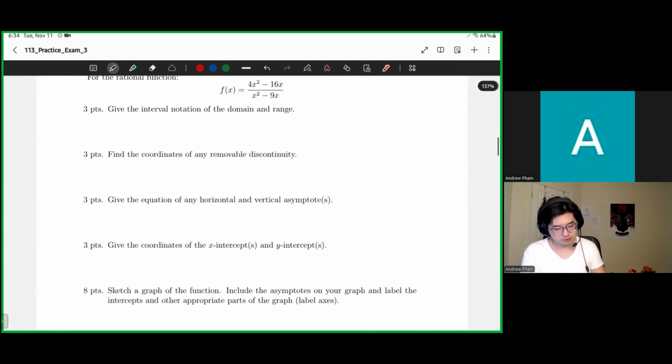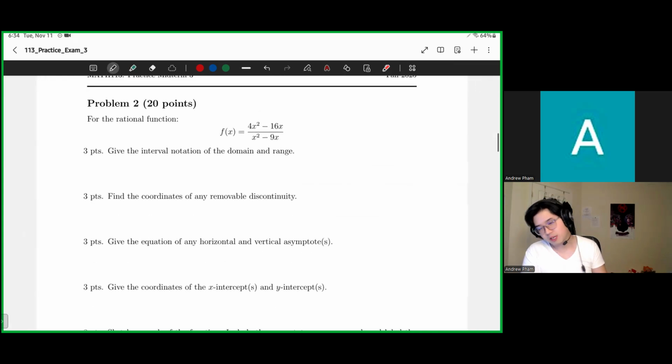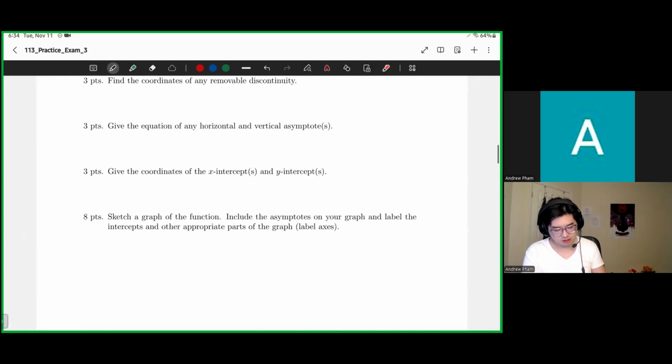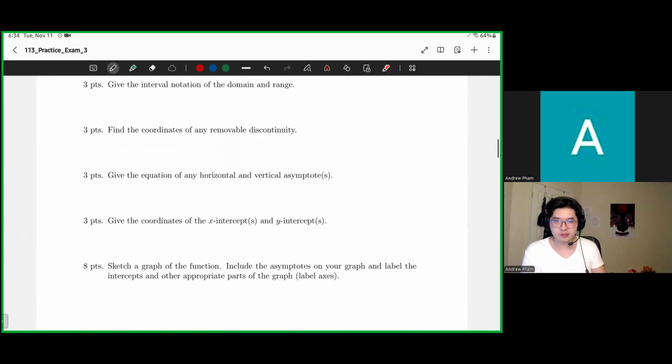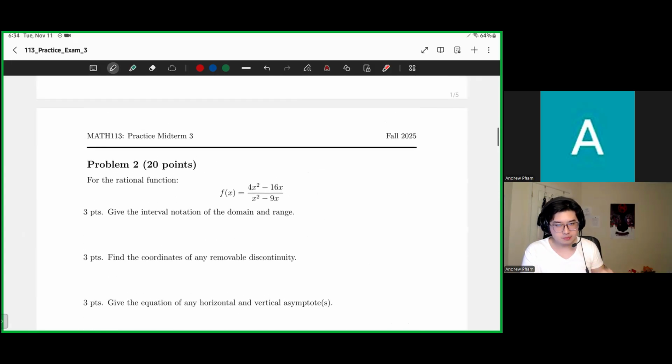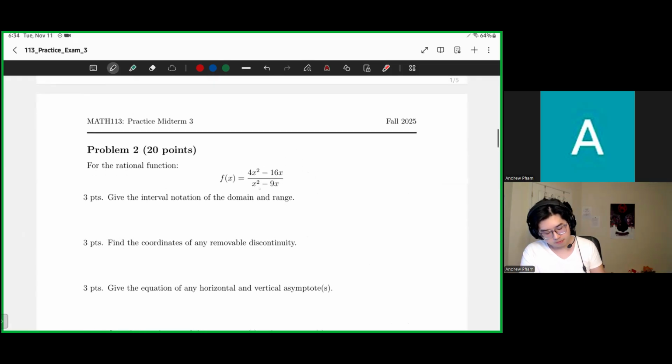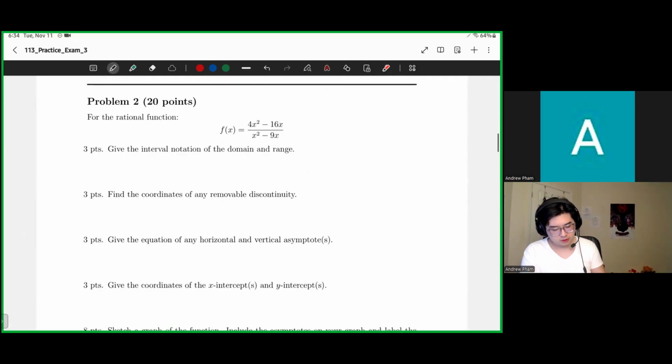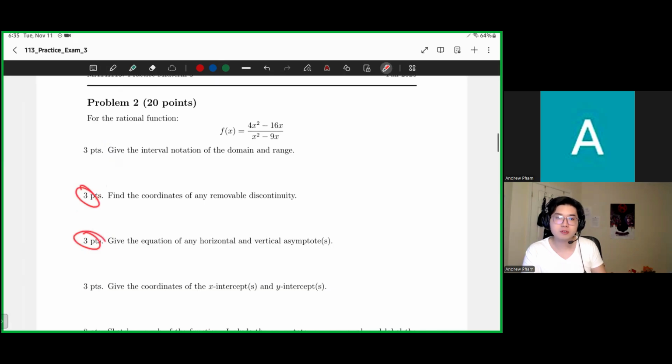Number two, given a rational function, I want to ask you a few things about it and then sketch a graph. So to do so, let's first think about what we have here. The first question is to ask for domain and range. But we know about rational functions that we have to think about discontinuities first, right? So asymptotes and holes. And that's why I suggest we do the second and third parts first.